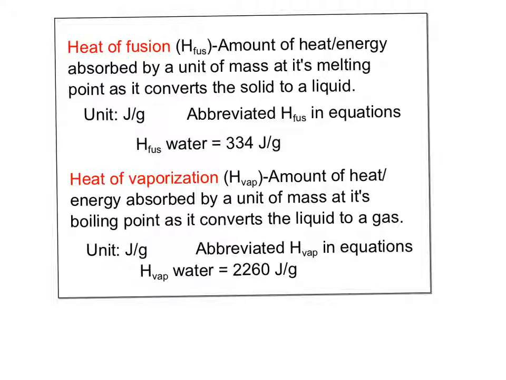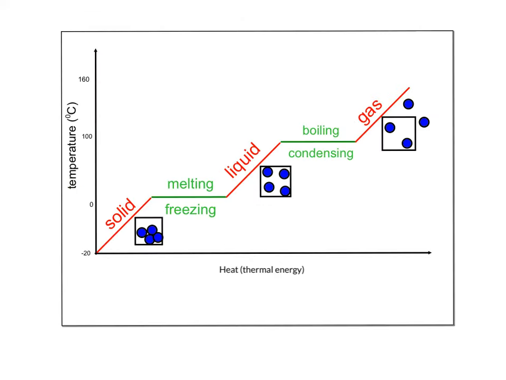How much energy does it take to convert 1 gram of something from its liquid state to its gas state or gas to liquid? So we'll use those in 2 of the equations for our phase changes. And again, every substance has its own heat of fusion or heat of vaporization value. We're going to focus on water, but these would be given to you in a problem.